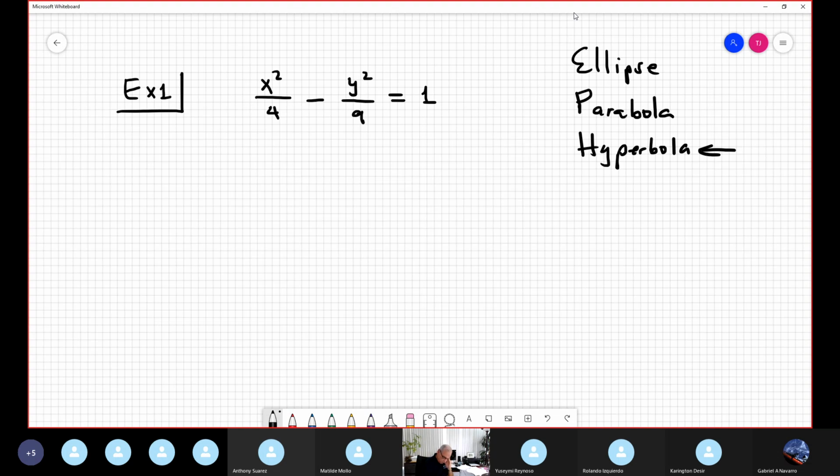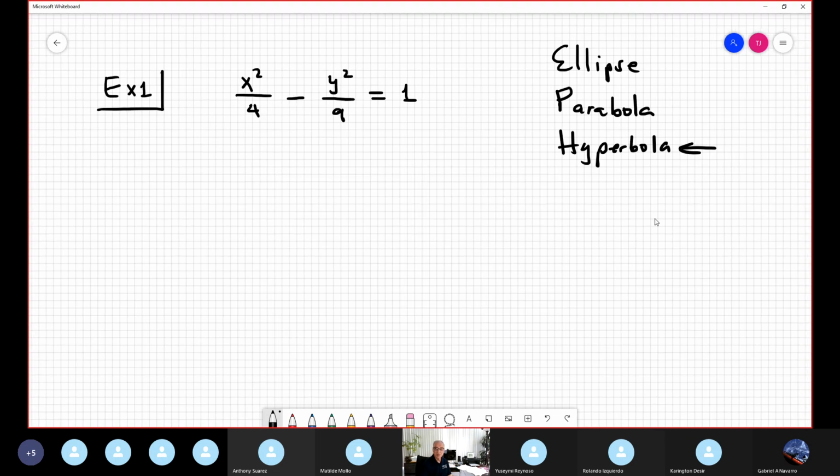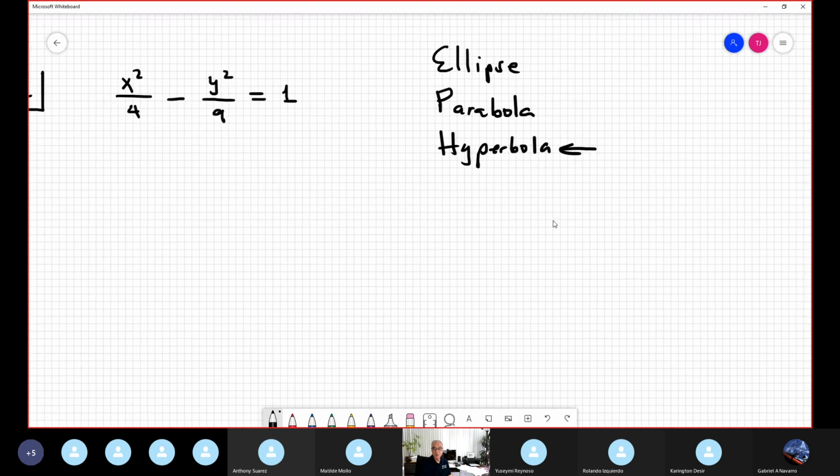How do you know? Remember, you have two kinds. I classify it as a conic section hyperbola, but we have two kinds. Horizontal or vertical? What's the clue of the identification? Look at the equation. You don't remember? As I explained right now.